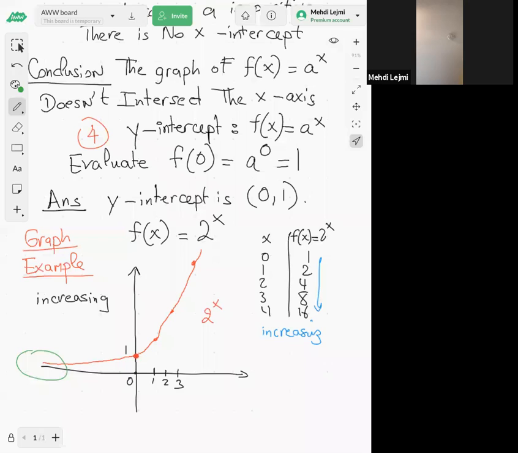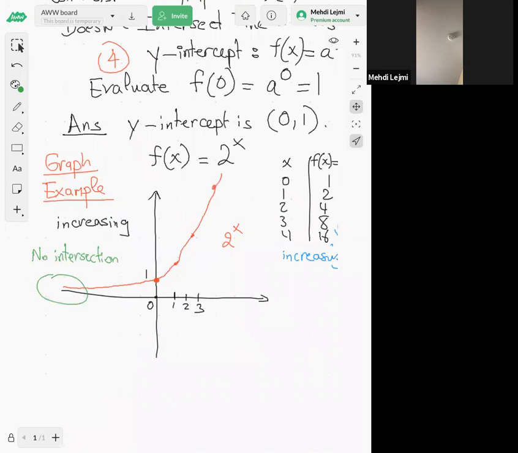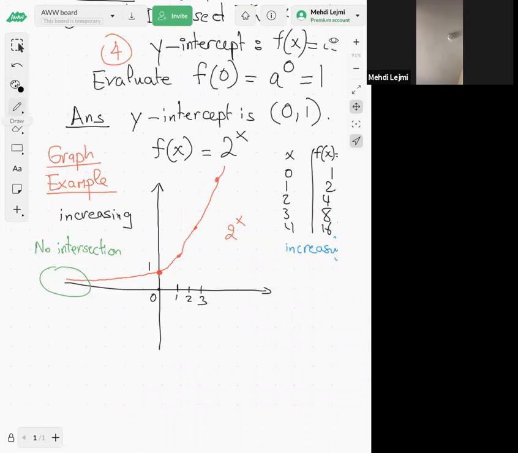So in some sense, your x-axis would be like a horizontal asymptote for this exponential function. Again, there's no intersection because there's no x-intercept, right? So what I'm saying is that in general, the x-axis is a horizontal asymptote for exponential functions.